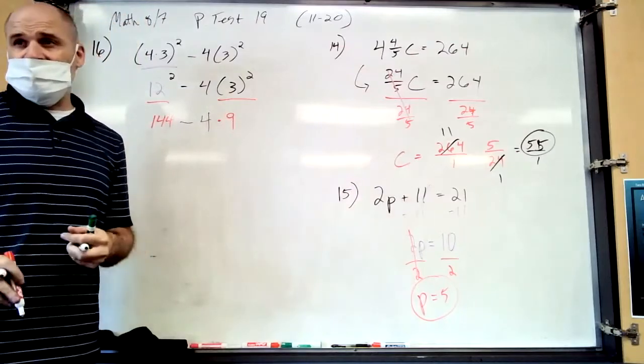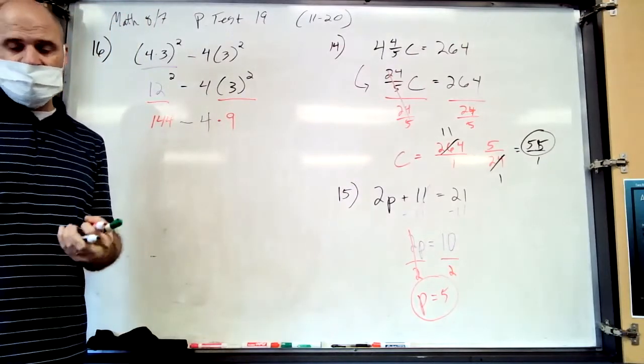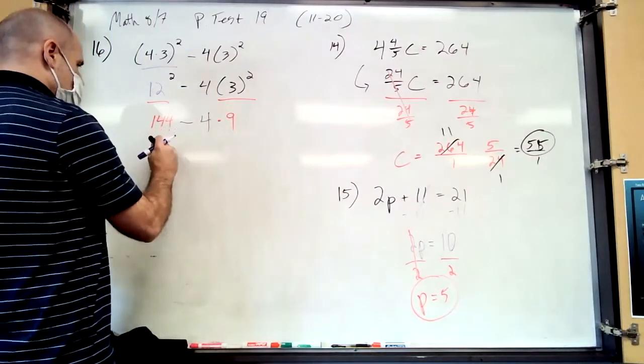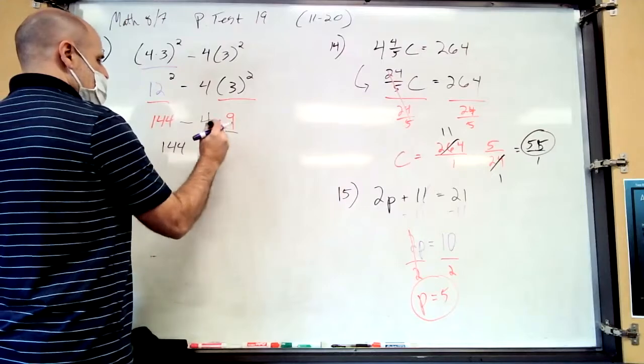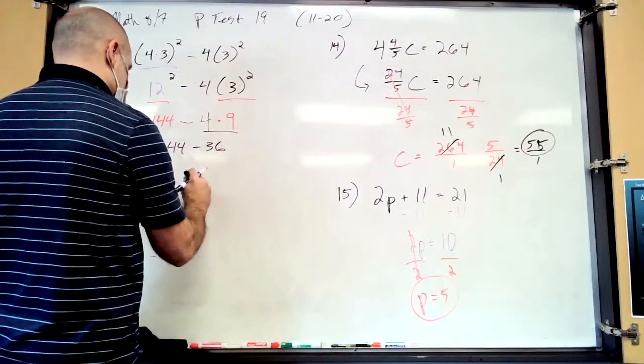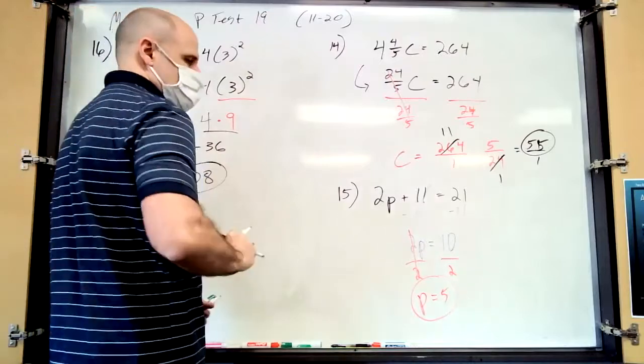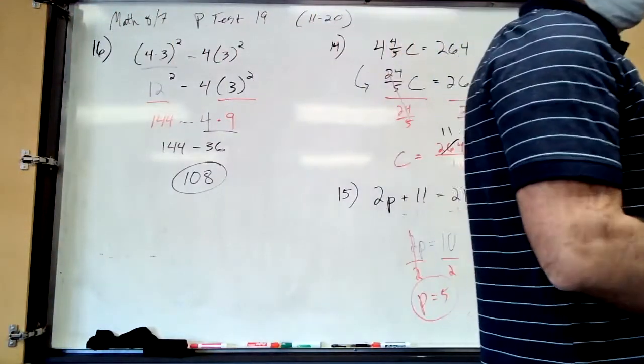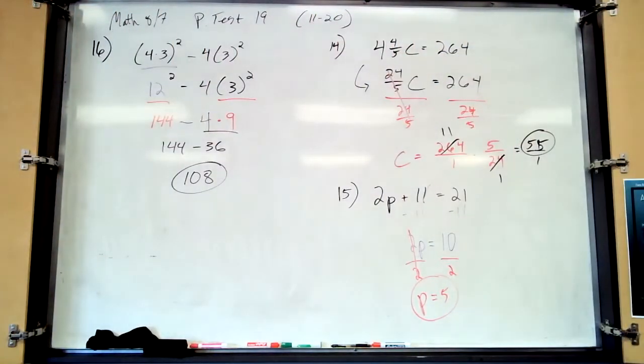Because 3 squared is 9. Good. All right, so you got 144. Now we got that, minus 36. You know what that is? It's 108. Good? Feel all right? Makes sense? Okay.